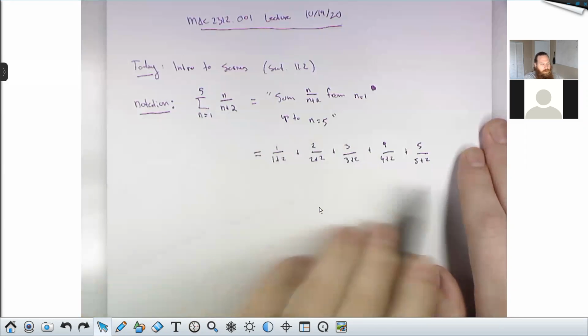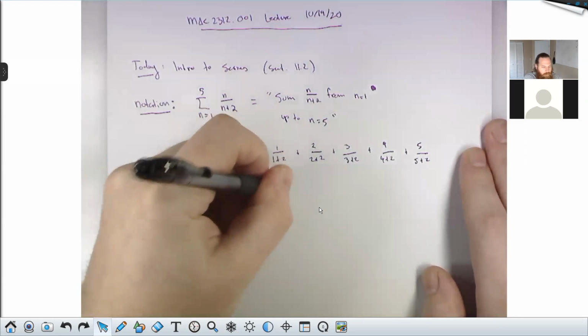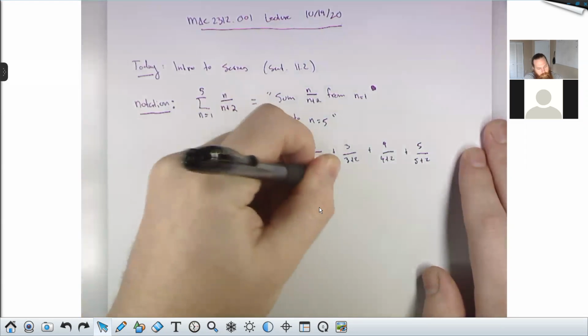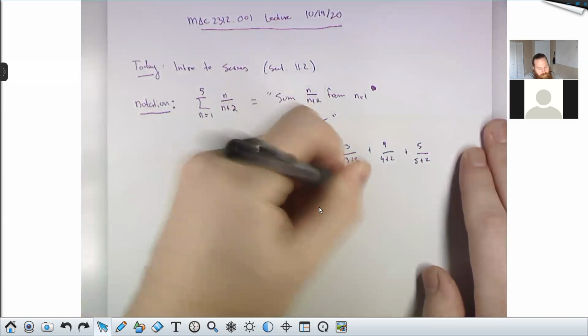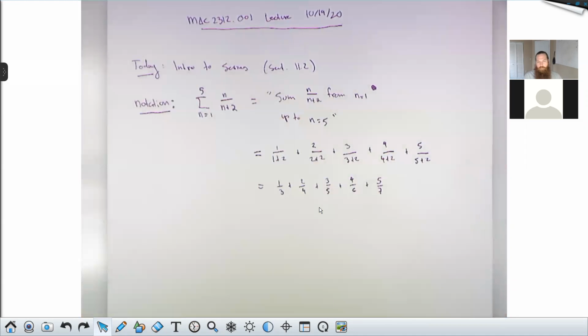This is just a shorthand for this. And of course, you know, we could clean this up. This is 1/3 plus 2/4 plus 3/5 plus 4/6 plus 5/7. Then you could simplify more, but that's not the point. The point is just making sure you understand the notation.